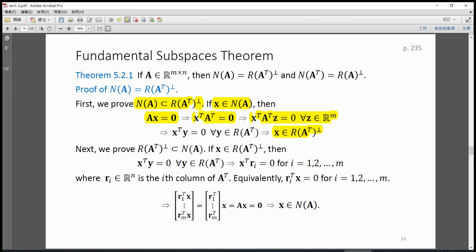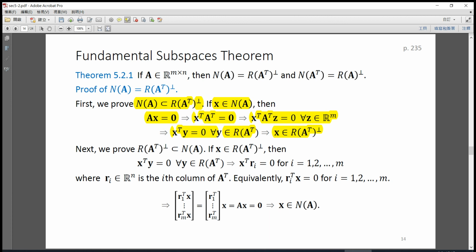Then we denote A transpose z as y. Then we have x transpose y equals 0 for all y in the column space of A transpose. Because if y equals A transpose z, then y is a linear combination of column vectors of A transpose.